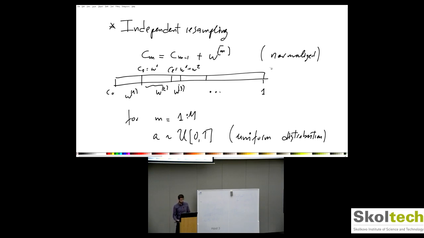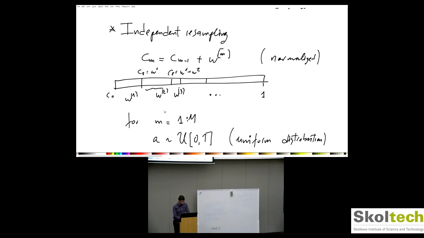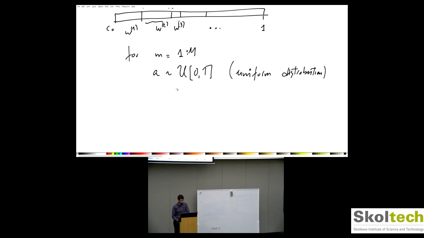It has to be normalized, so it's not exactly this, but with some multiplication, it's a distribution from 0 to 1. So you sample from this uniform distribution, and with this random variable you find the interval that the sample belongs to. Then you start accumulating all these particles, same as we did before.